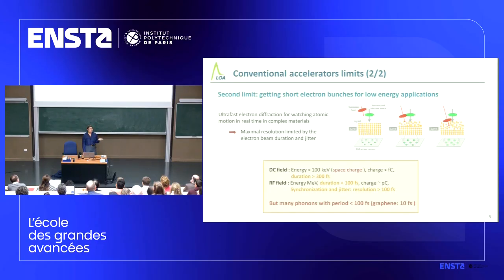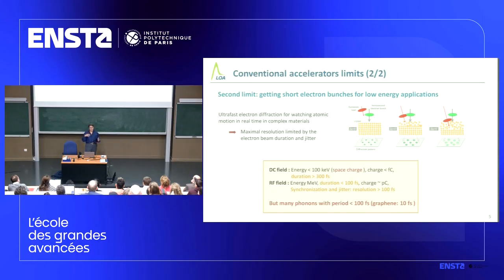And as in a camera with exposure time, the real time here is limited by the duration of the electron bunch. Using continuous linear fields, it's possible to accelerate electron bunches down to 300 femtoseconds long.